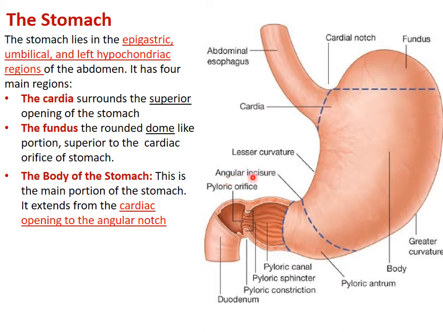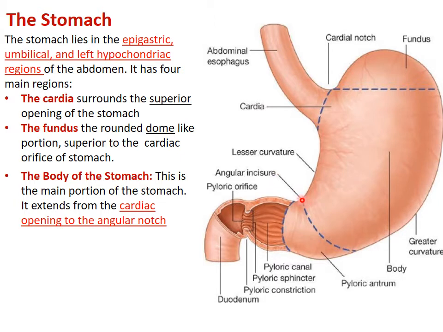So the angular incisure is this bending. Here this is the vertical border and this is the horizontal border, so this is an angle between the vertical and the horizontal. This angle is called the angularis incisura, right?